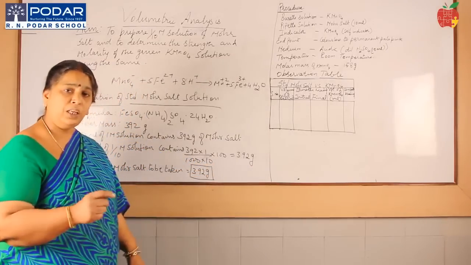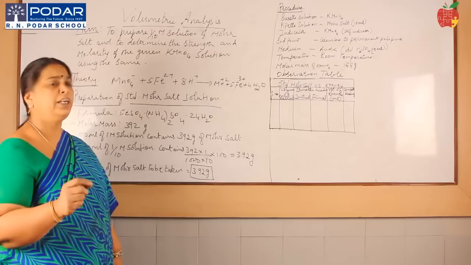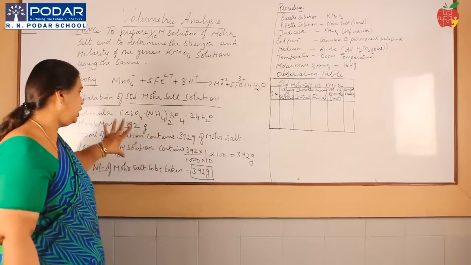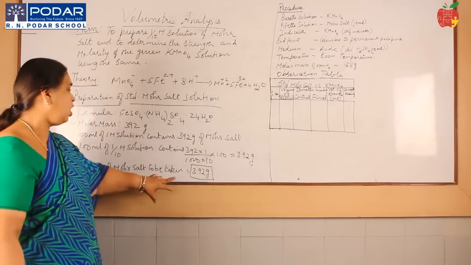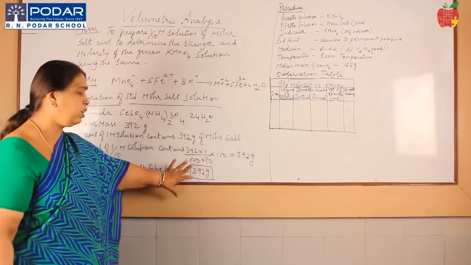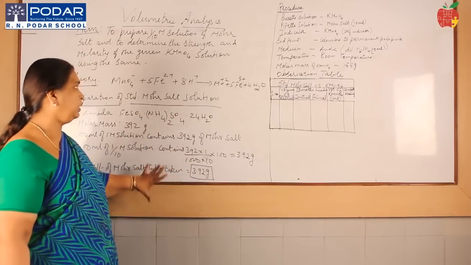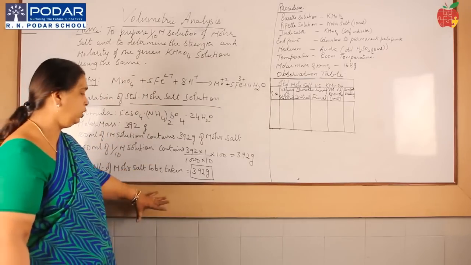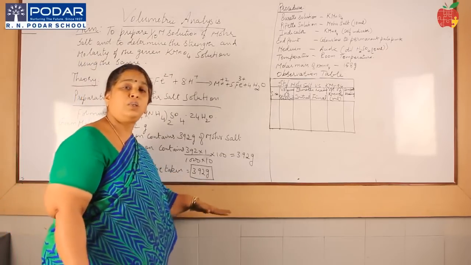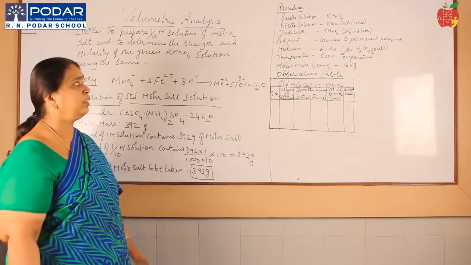So you will weigh in the balance 3.92 grams, and this calculation is to be shown first. After calculating this, you are supposed to weigh in the balance. This is the order in which you will present on the board. So 3.92 grams of Mohr's salt to be taken.